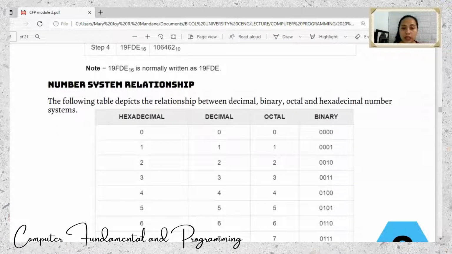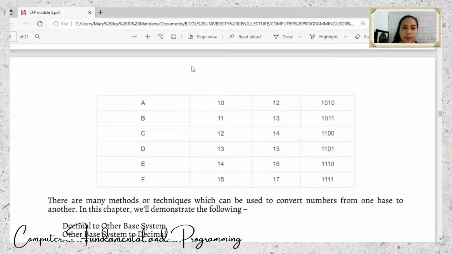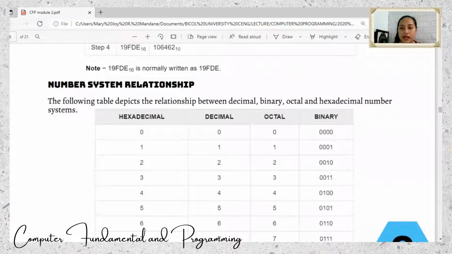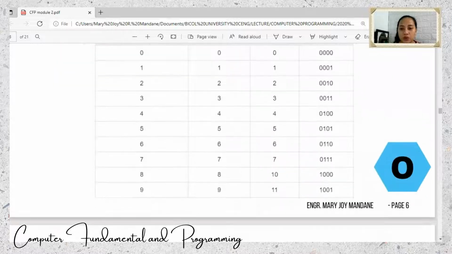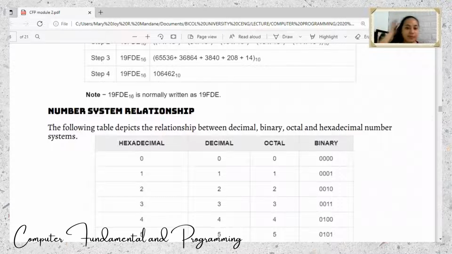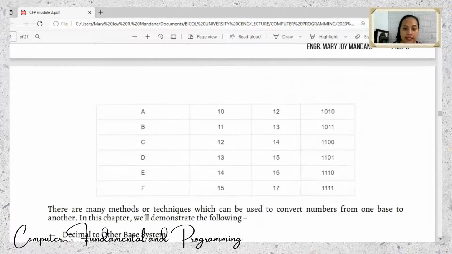In hexadecimal, it's 0, 1, 2, 3, 4, 5, 6, 7, 8, 9, then A to F. Okay, by the way, we've come across some clues already. For decimal, as you can see, it's always base 10: 0, 1, 2, 3, 4, 5, 6, 7, 8, 9, 10.